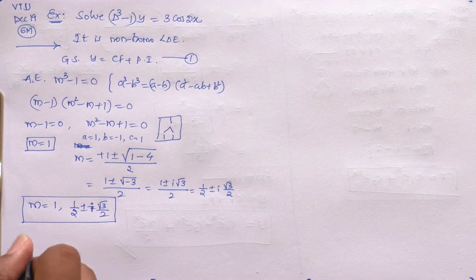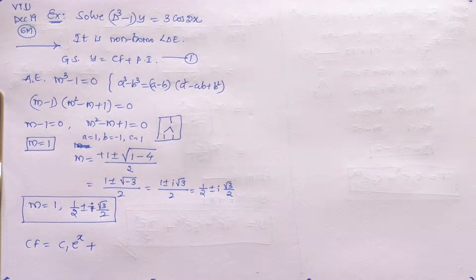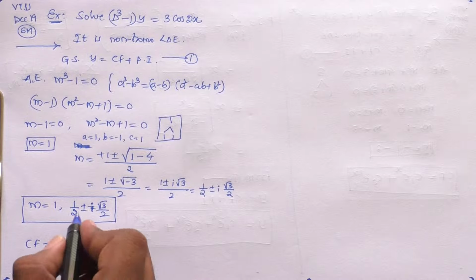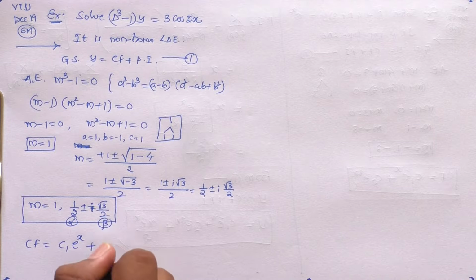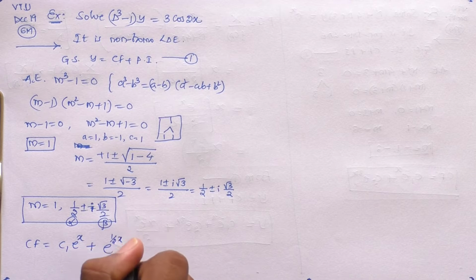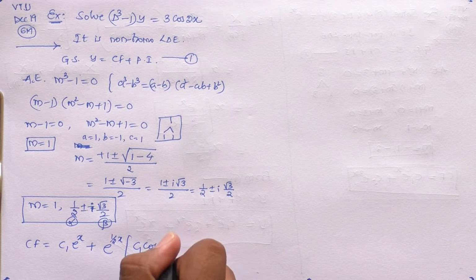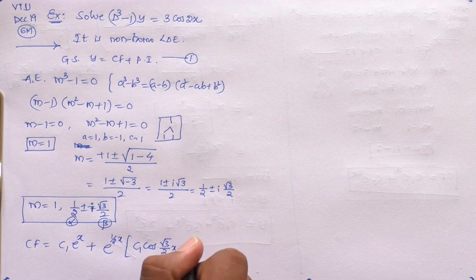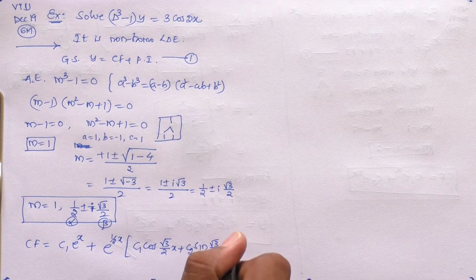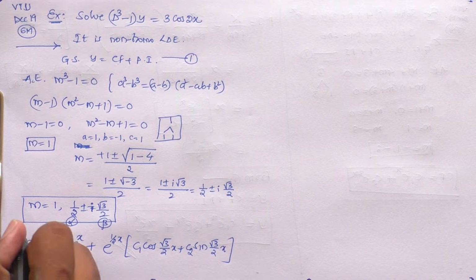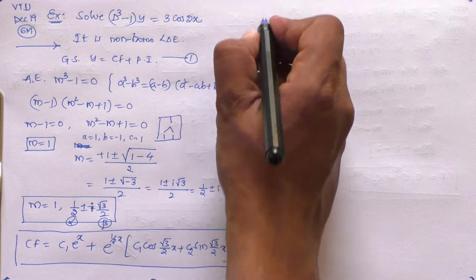So in case of real roots we write CF as C1 e raised to x, plus for complex roots, if you consider the real part as alpha and the imaginary part as beta, e raised to alpha x, that is e raised to 1 by 2 x, into bracket C1 cos beta x, beta is root 3 by 2 x, plus C2 sin root 3 by 2 x. So this is how we can find out CF for the given problem.